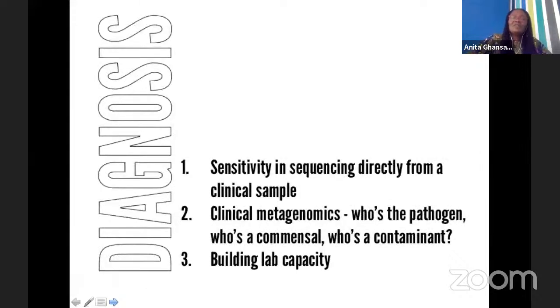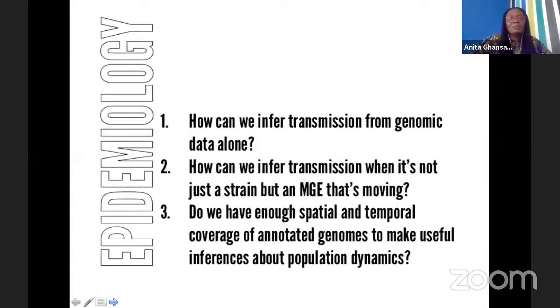We can also use it for diagnosis. People are actually developing new diagnostic tools based on the sequences that we generate from pathogens.